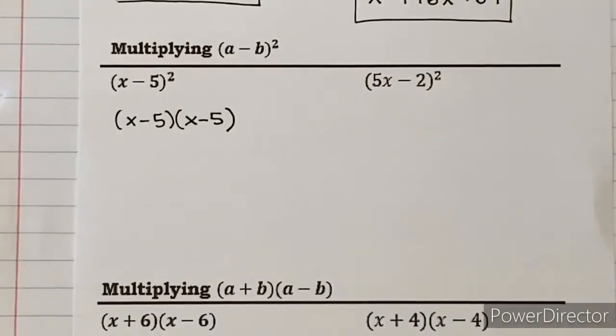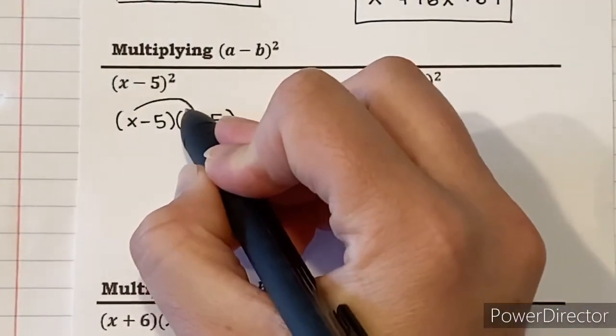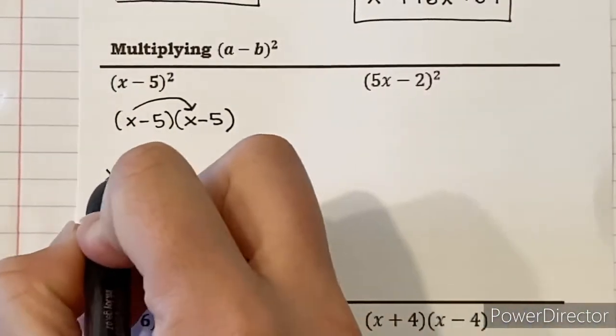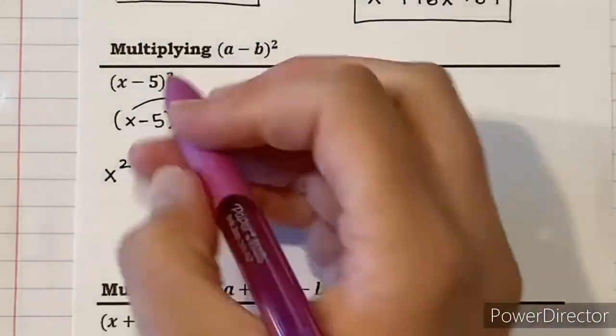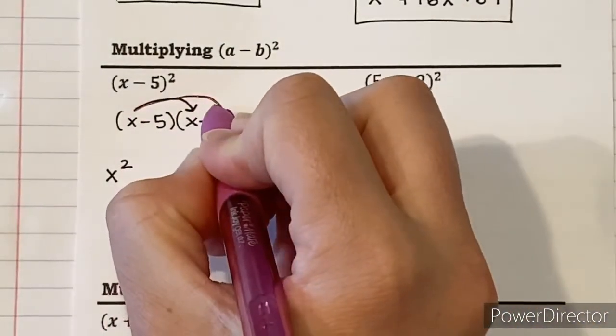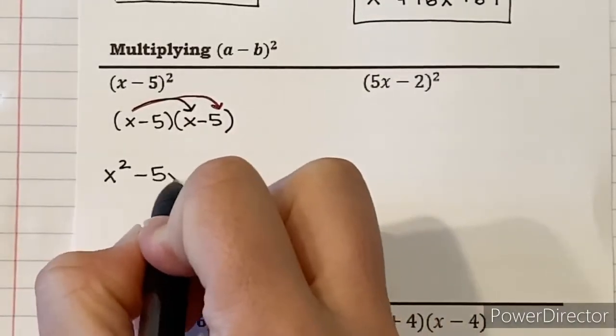So F is the first term, so x times x, which is x squared. And then I've got x times negative 5, which is negative 5x.